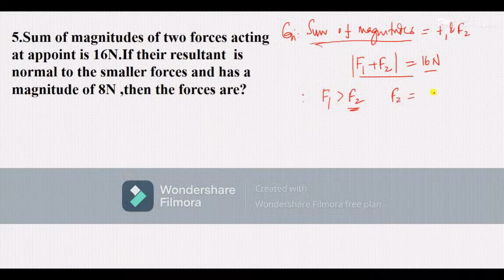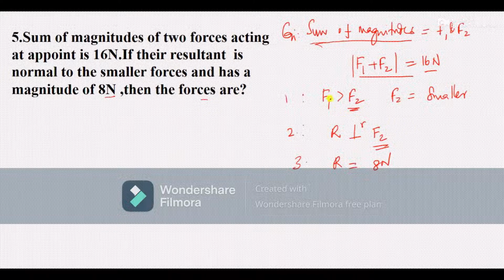Here F1 is greater than F2, and the resultant is normal to one of the smaller forces, which here is F2. So the resultant is perpendicular to the force F2, and again it is given that R is equal to 8 newtons. So using these three given factors, we find F1 and F2.